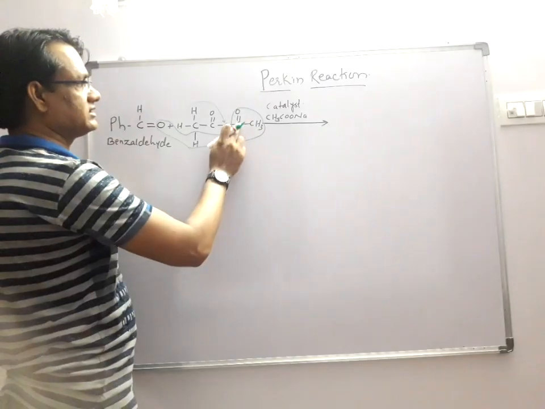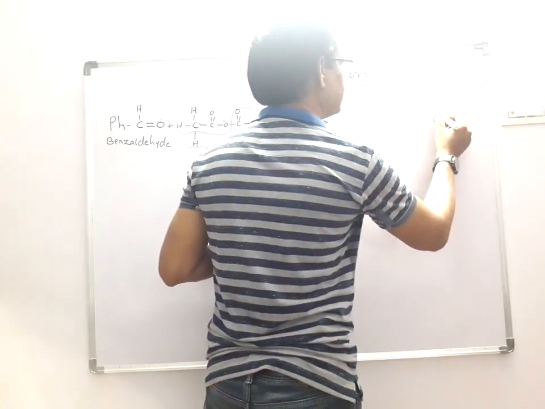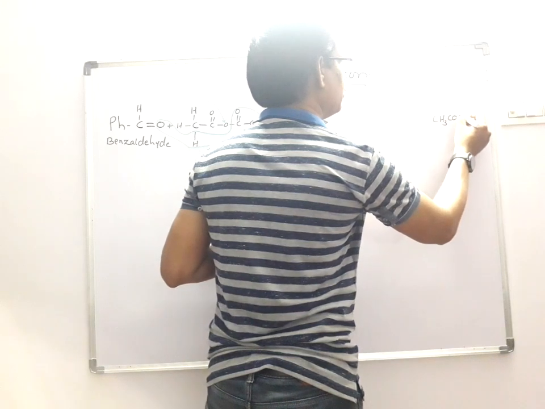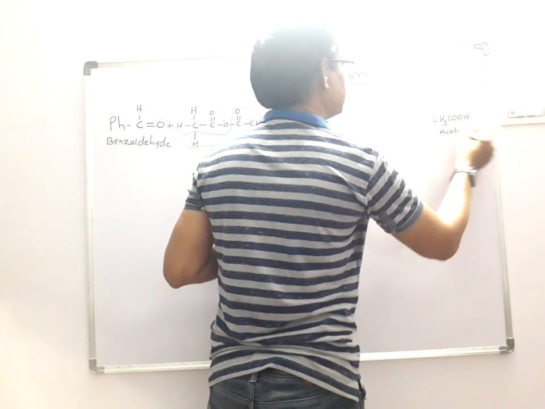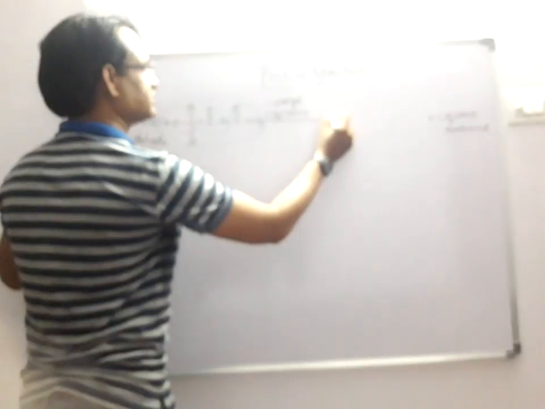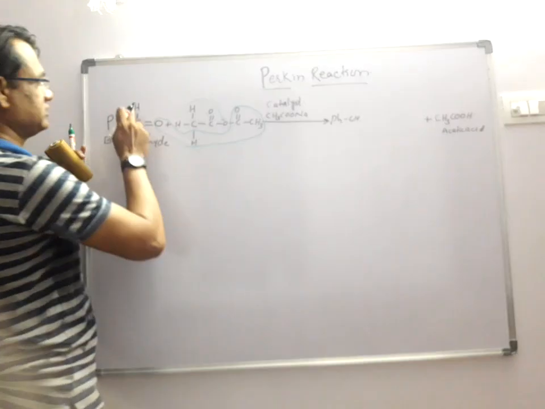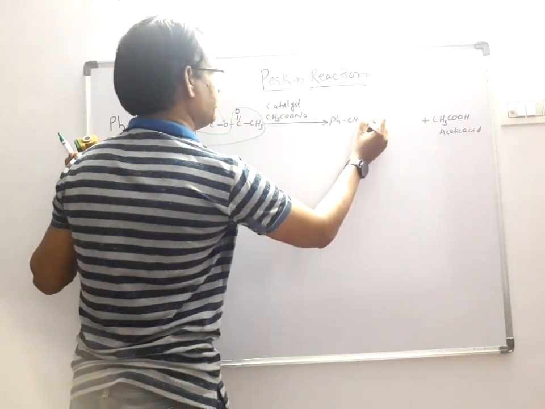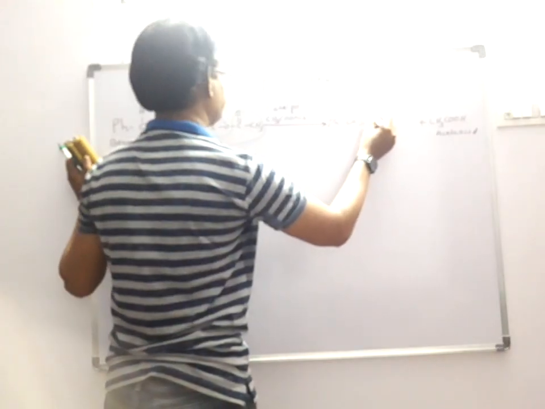So this CH3C double bond O OH will form acetic acid, that is CH3COOH, acetic acid, plus what will form here, this one, that is Ph-CH double bond CH, then C double bond O, and this is O and H.